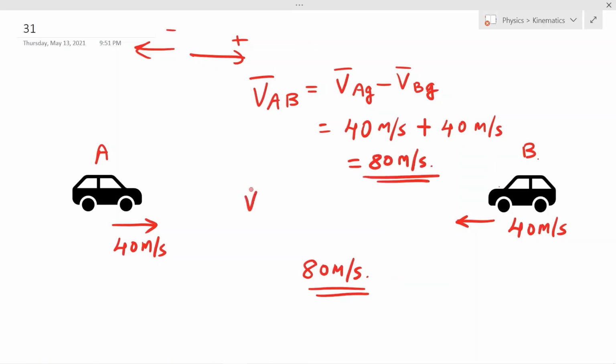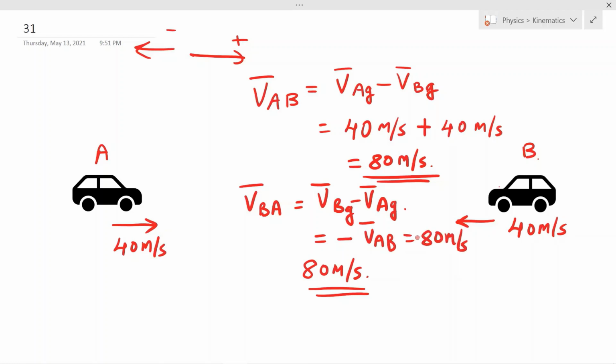And similarly V bar BA will be V bar B minus V bar A. This is G and this is G, so it is minus of V bar AB. So this becomes 80 meter per second with a minus sign.